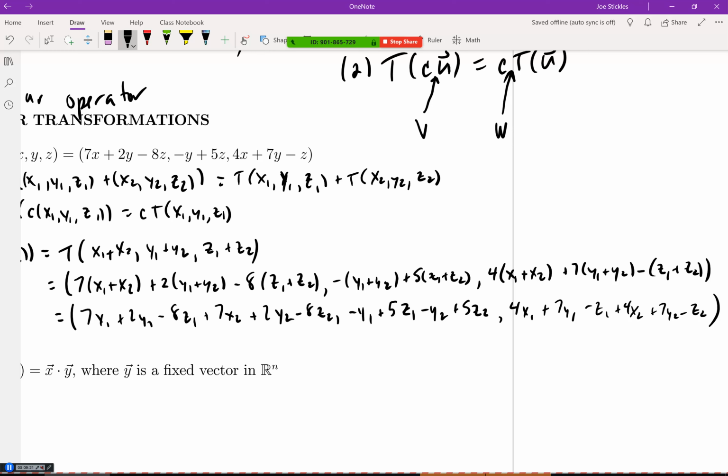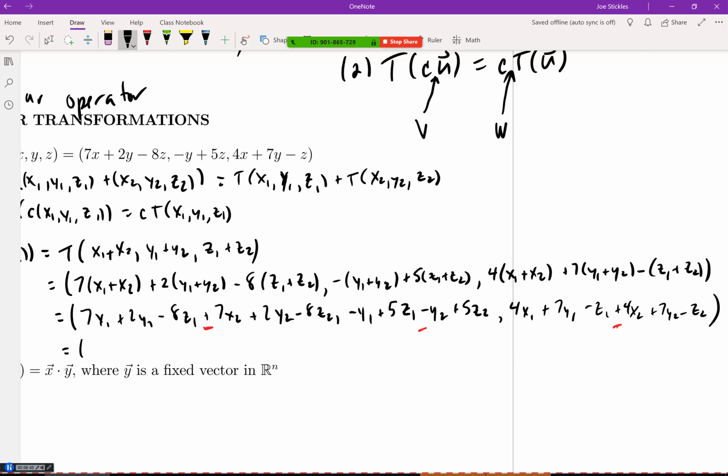And then we should notice here that we can split this up. Let's see if I can do this in a different color. Split this up at the individual, I'll call them plus signs, even though that second one there is a minus. But we can split that up at those places.